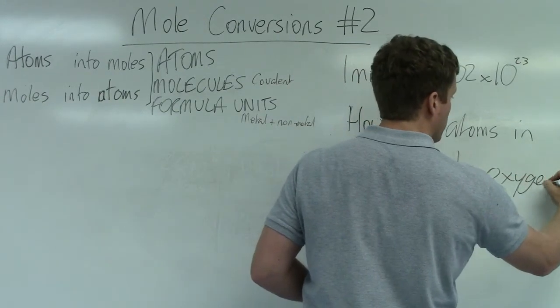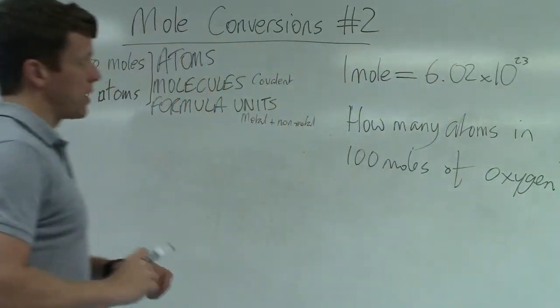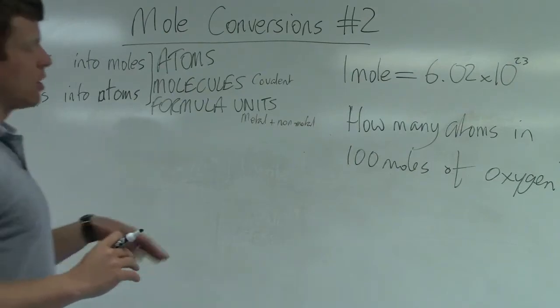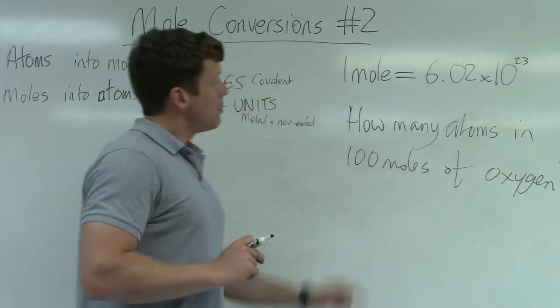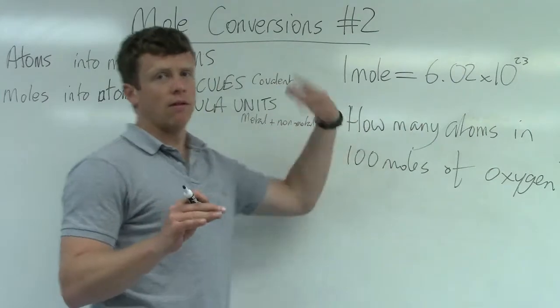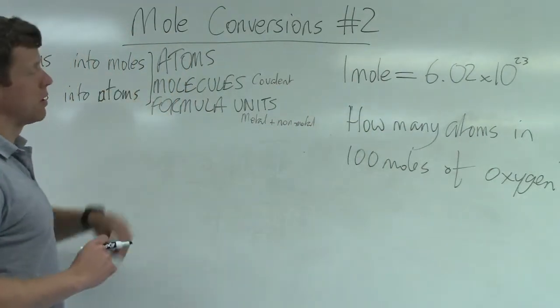And again, I'm writing oxygen, don't really need to, because the process is going to be the same. You don't use any information about oxygen, because this is the same for every single element, atom, molecule, formula unit.